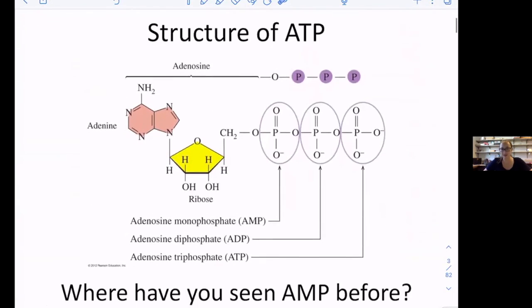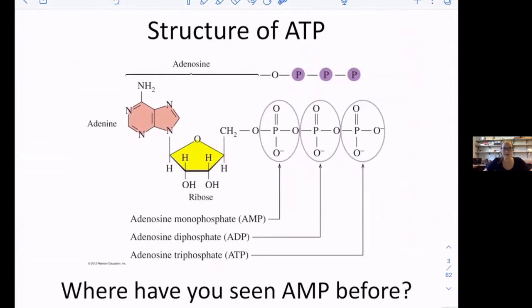So what is ATP? I keep saying that. It is adenosine triphosphate. So you see that we have over here an adenine base, that nitrogen-based base that we saw in chapter 17 with nucleic acids. Ribose, so that is our sugar that we also saw in RNA.